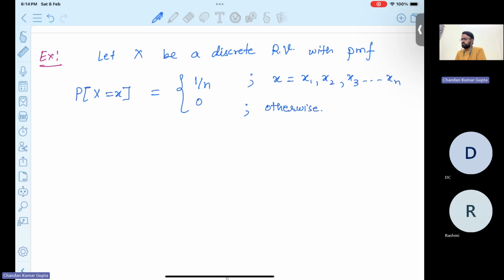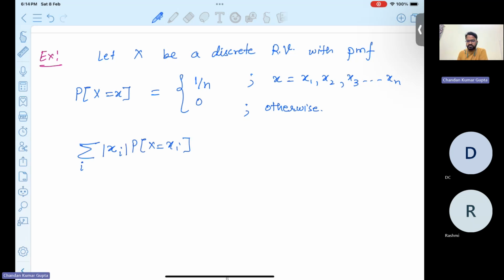Now again we first check the summation over i of mod of xi times the probability that x equals xi.